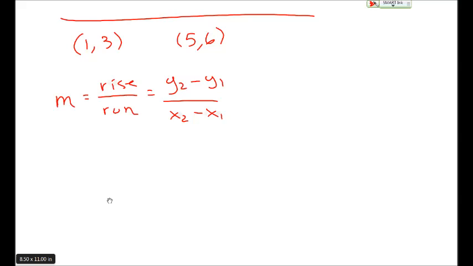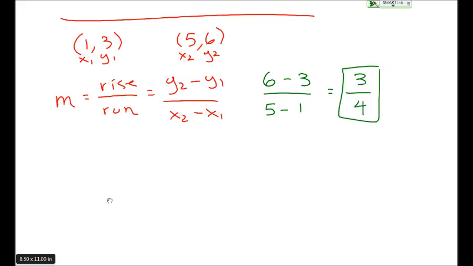So the first coordinate is x1 and y1, and the second coordinate is x2, y2. So plugging those numbers in, I have 6 minus 3 divided by 5 minus 1. And what I get is 3 divided by 4. Okay, so for every 4 that it changes horizontally, it'll go up 3.